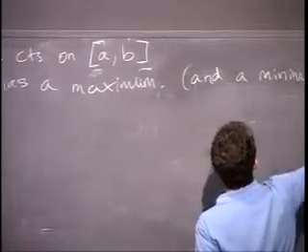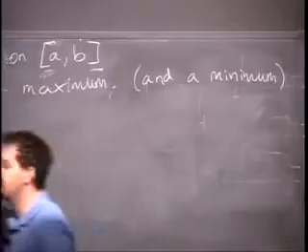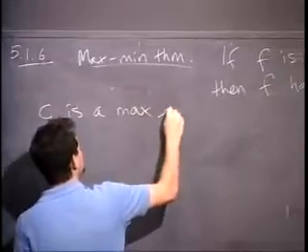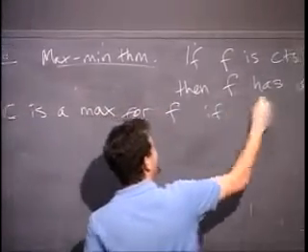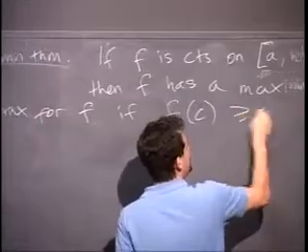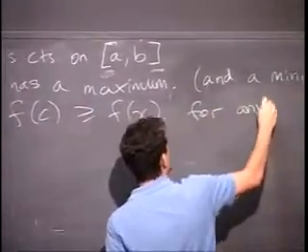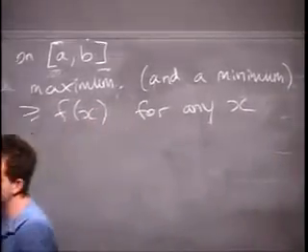It is a max and min theorem, really. So what do I mean by a maximum? C is a maximum for f if f of c is bigger than f of x for any other x, or even any x at all. If x is c, of course, then this is equal.